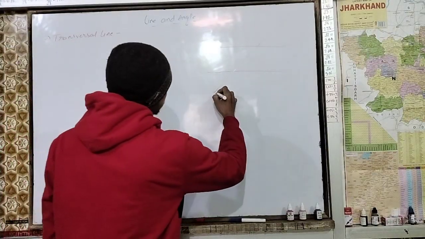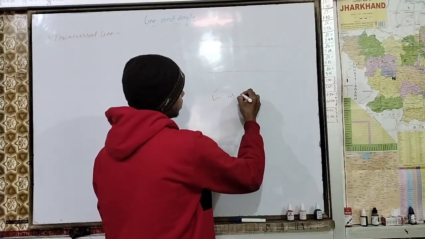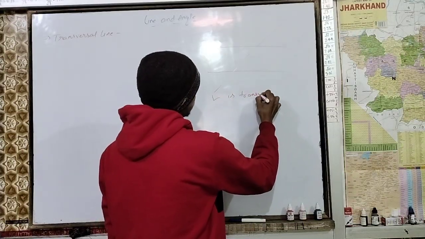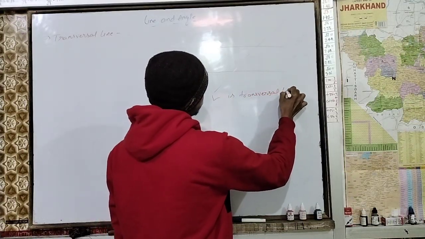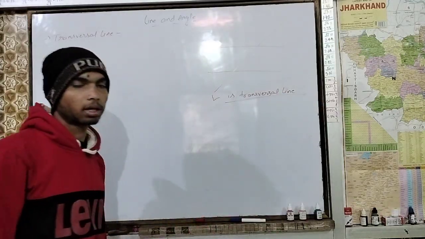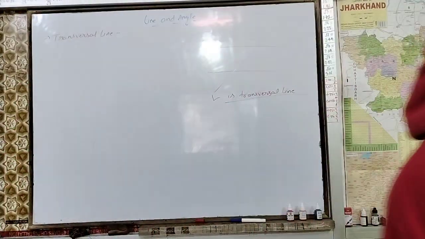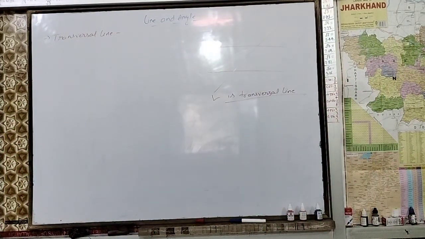So let's say this is the L line. This will be the transversal line. Okay. Transversal. I hope you got it. Now next.